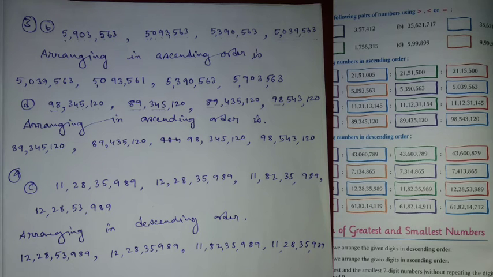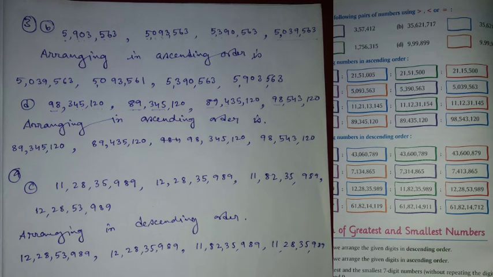So this is the answer, the arrangement in ascending order. 89,345,120; 89,435,120; 98,345,120; 98,543,120. So this is the answer. I hope all of you understand this question.